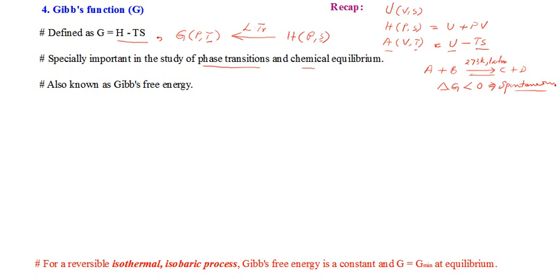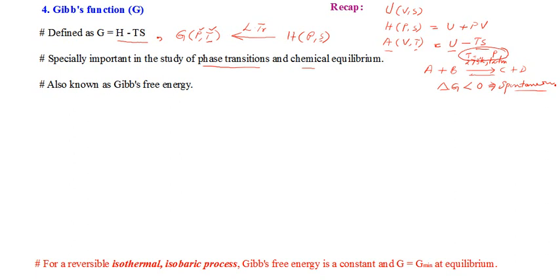So what we are specifying here, when you write 273 Kelvin 1 atm, is that this reaction occurs under certain given conditions. What is the condition? The temperature should remain 273 Kelvin and the pressure should remain at 1 atm. So we are keeping T constant and P constant. And you can see that these two, temperature and pressure, are appearing as the natural variables of Gibbs free energy, right?